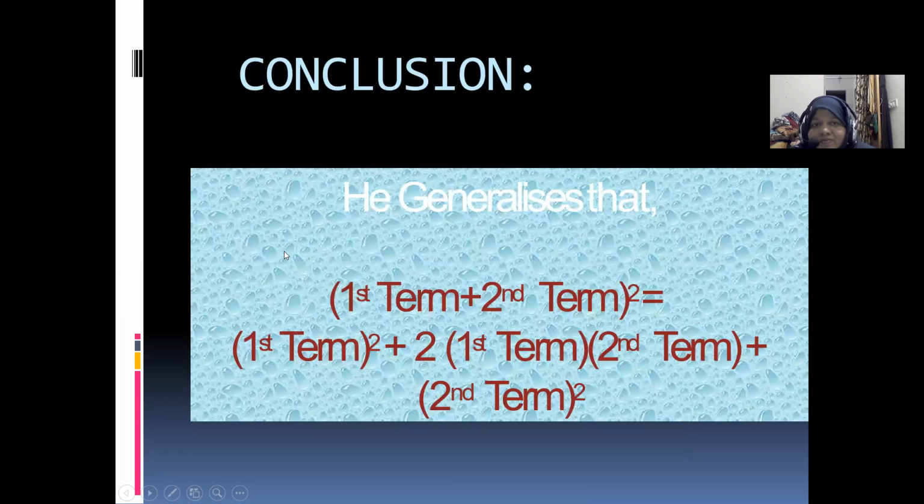Now we can generalize from these examples that the first term plus the second term, whole square, is equal to the first term square plus 2 into first term into second term plus second term square. So this is the generalized formula for (a + b) whole square.